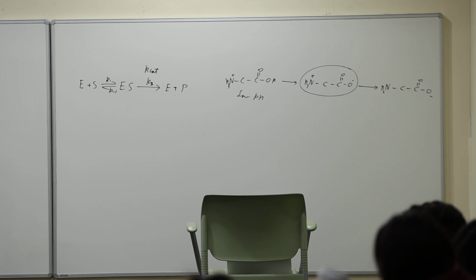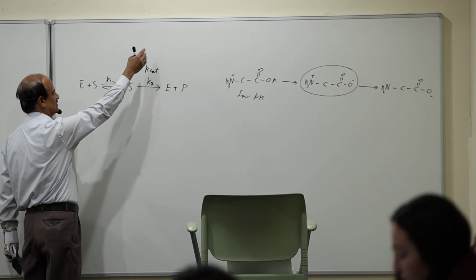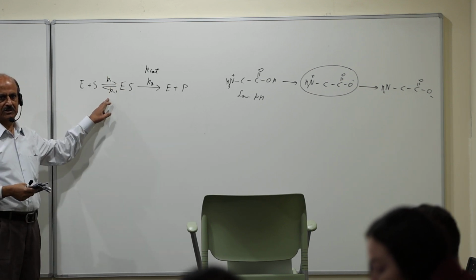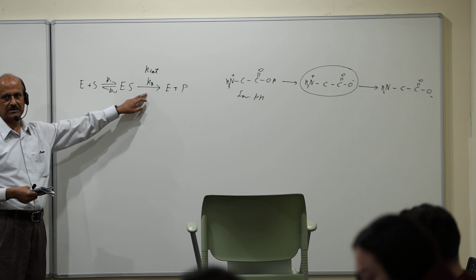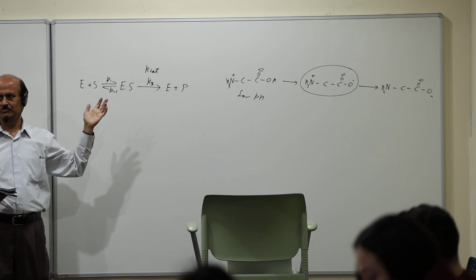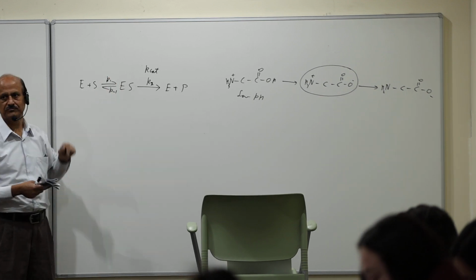So there is a limit to how high it can go. That limit is the rate of diffusion. If you keep on increasing this, there will come a point when it will be equal to the diffusion, and your overall rate is not going to be faster than that, because then the rate will be controlled by the rate of diffusion.